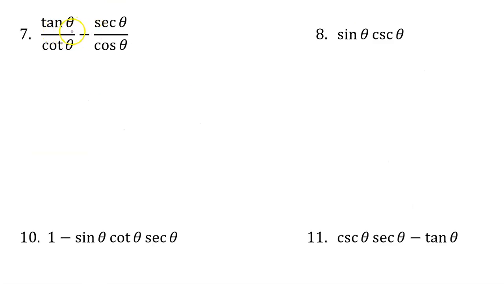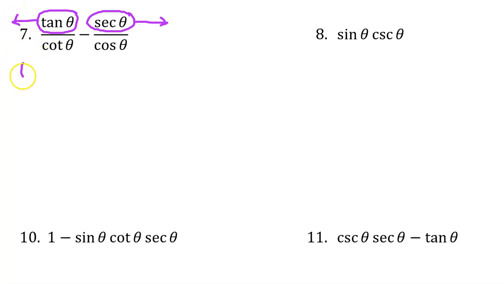For number 7, we could use the strategy of rewriting everything in terms of sine and cosine. However, I'm noticing a special case here. Tangent and cotangent are reciprocals of each other. Secant and cosine are reciprocals of each other. So I'm going to use that fact to help me simplify. Let's split this fraction apart by pulling the secant theta off to the side on its own and pulling the tangent theta also off to the side on its own.